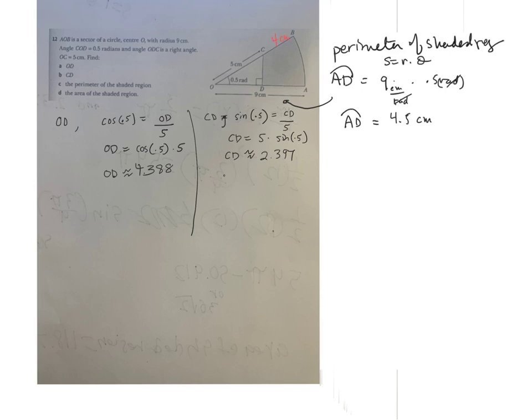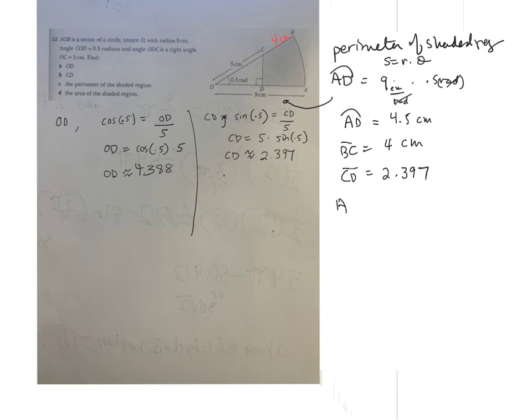So BC is 4. So BC has to be 4 centimeters. We're almost getting there. And then we need CD, which we found already. So CD is the 2.397 from over there. And then all we need is AD.